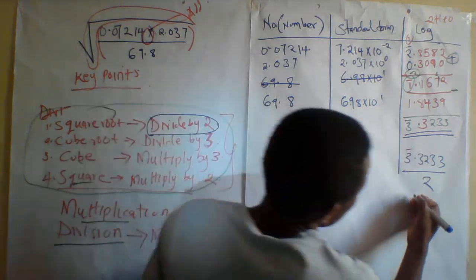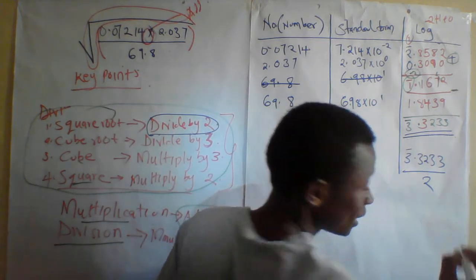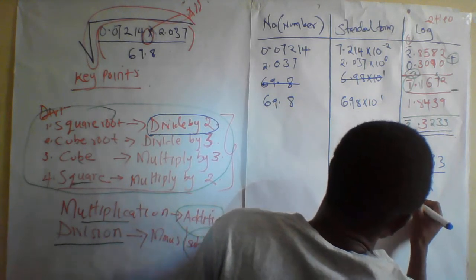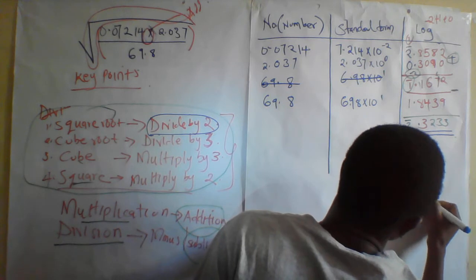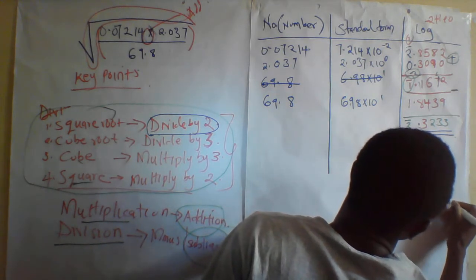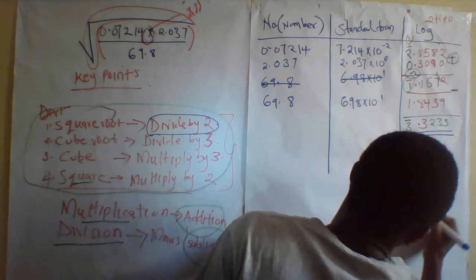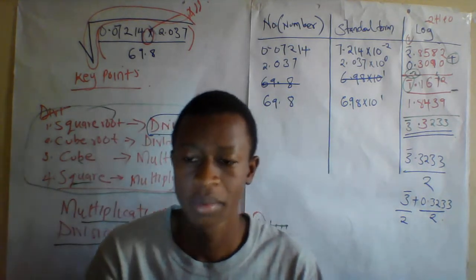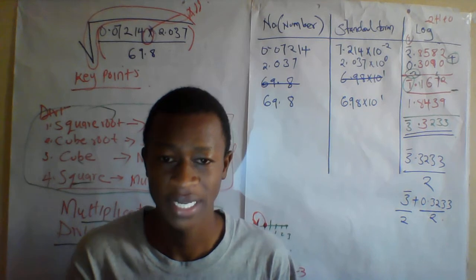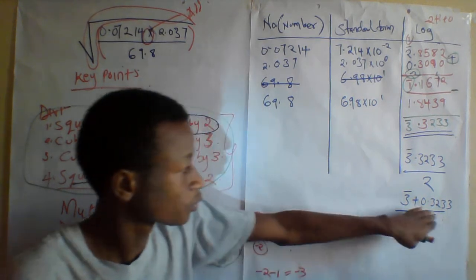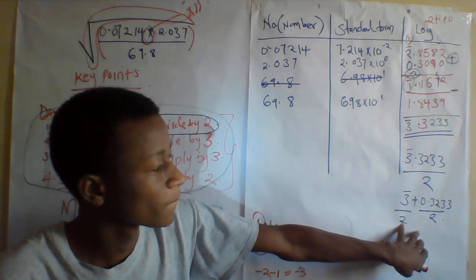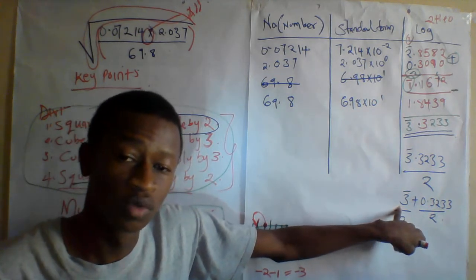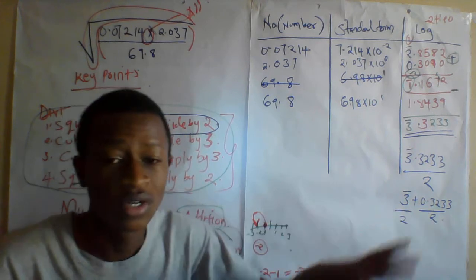So this one is like now for this one you separate them to be bar 3 plus 0.3233 divided by 2. That is just to make it simple for you to work on it. So what you just do for this number, because it's not divisible by 2, you look how you're going to work on it.